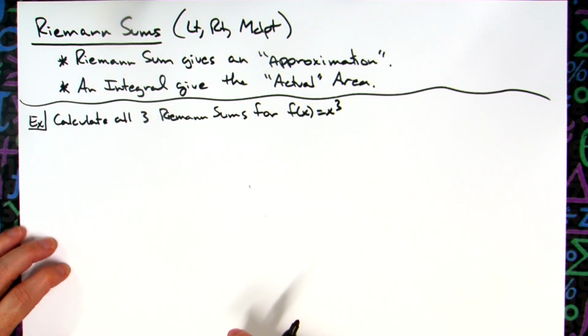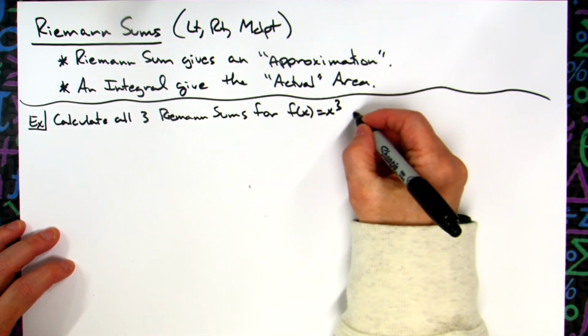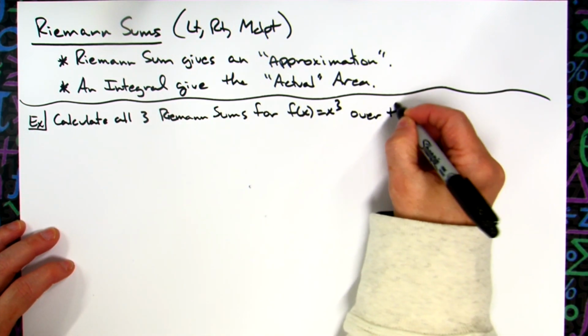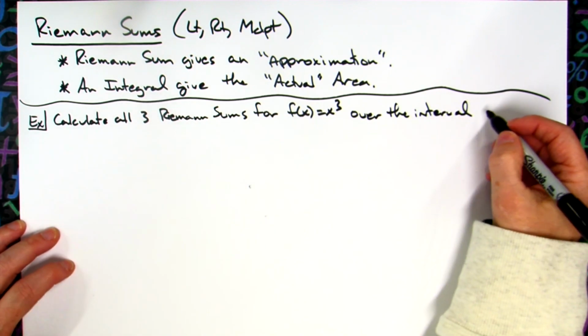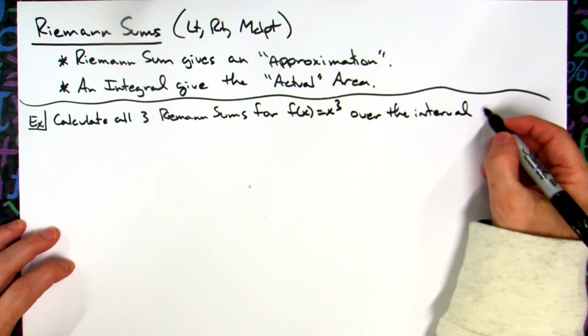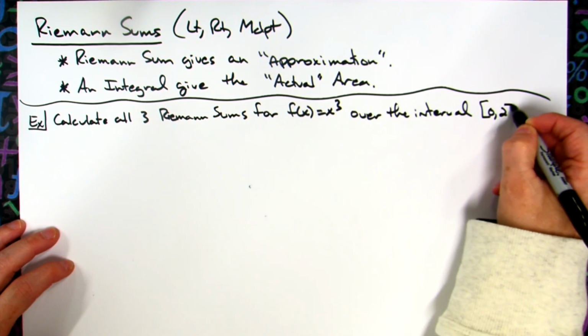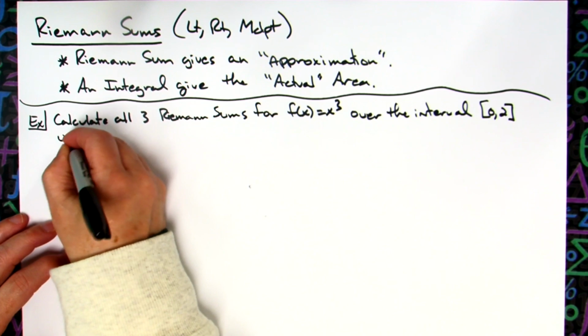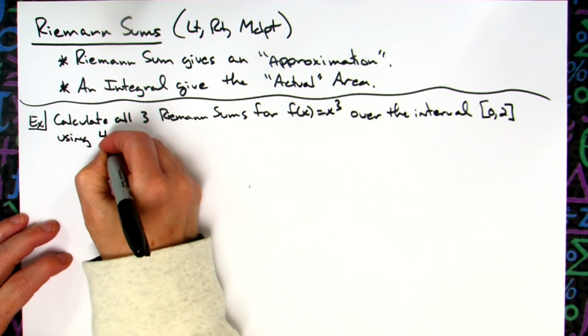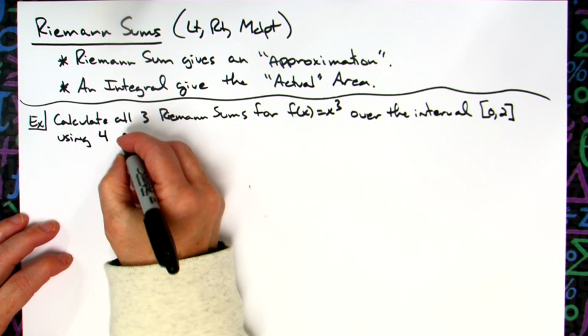So our f of x is going to be x to the third, all right, over the interval from 0 to 2, and then we'll say using 4 equal subintervals.